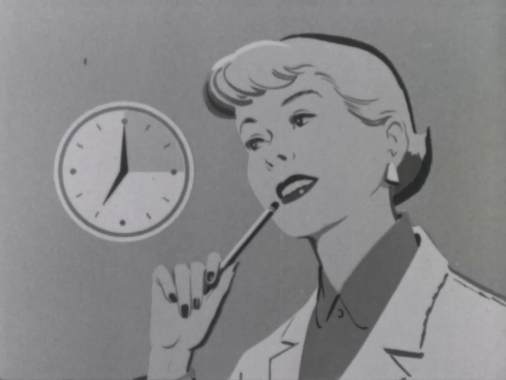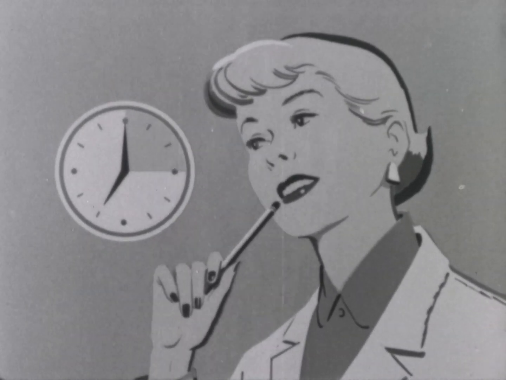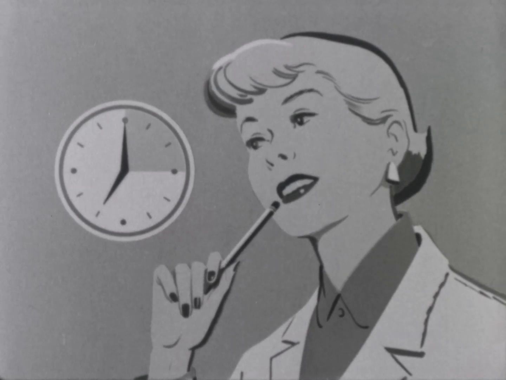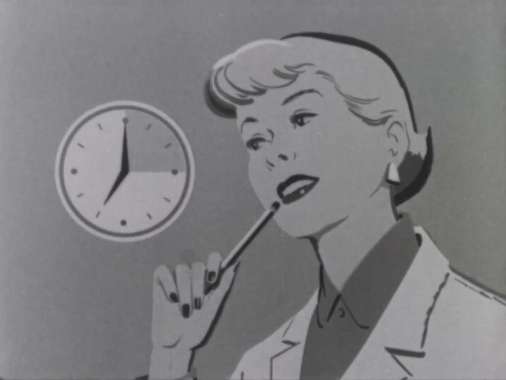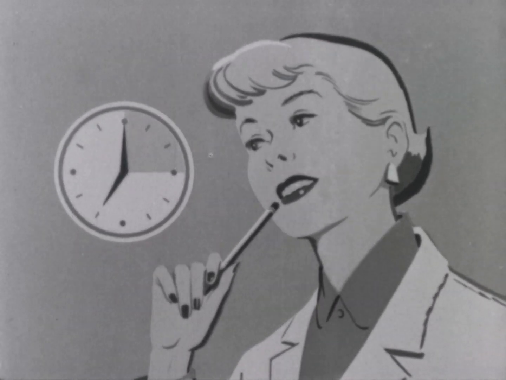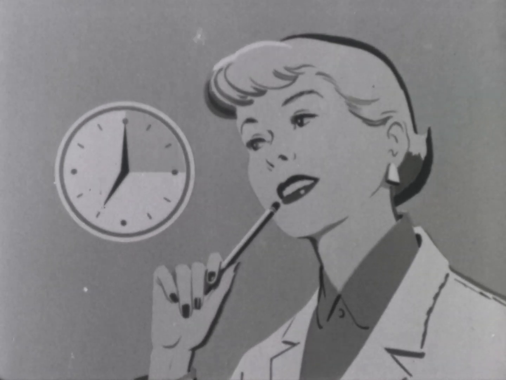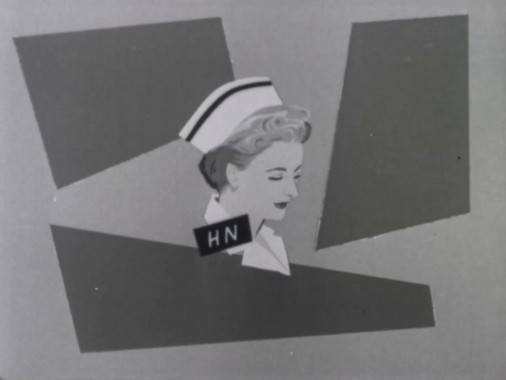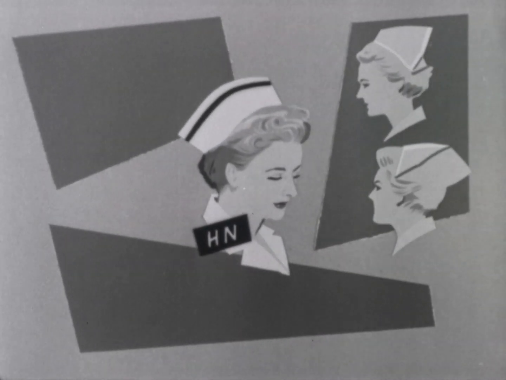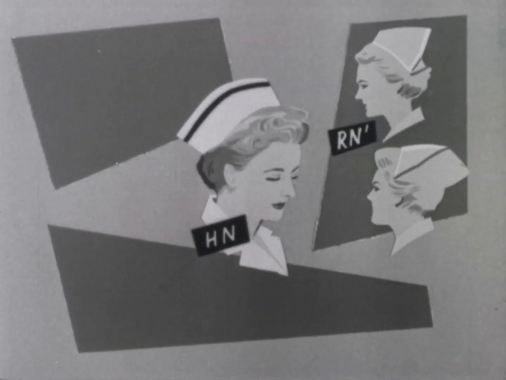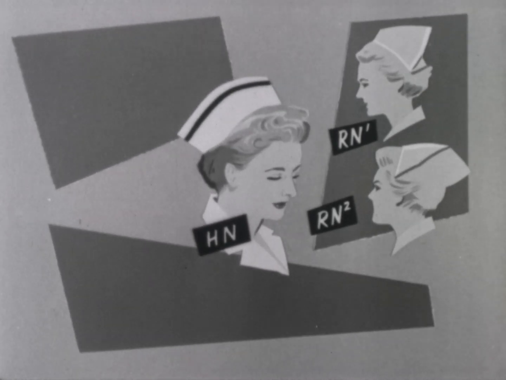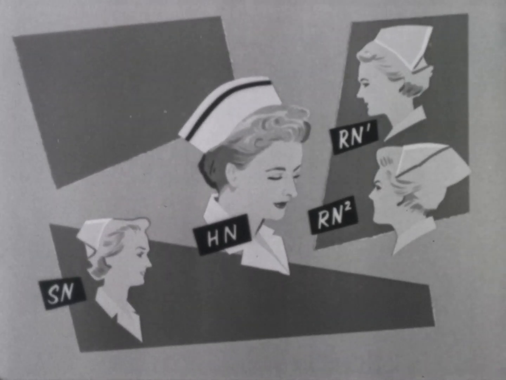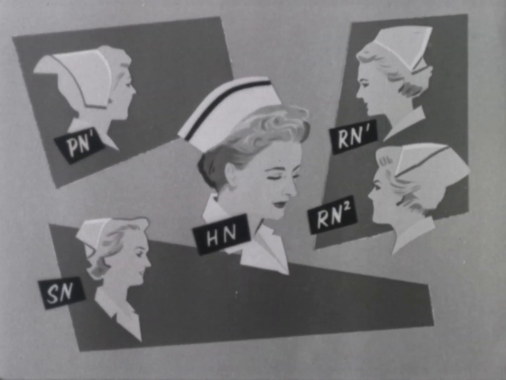For the purpose of this film, our observer will locate and record the activities of each staff member once every 15 minutes. The head nurse, the professional nurse. In this study, there are two, RN1 and RN2, the student nurse, the practical nurse.